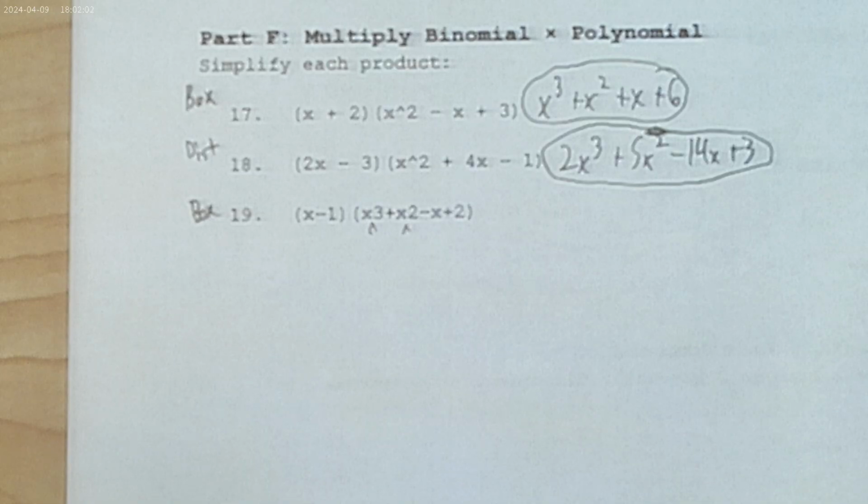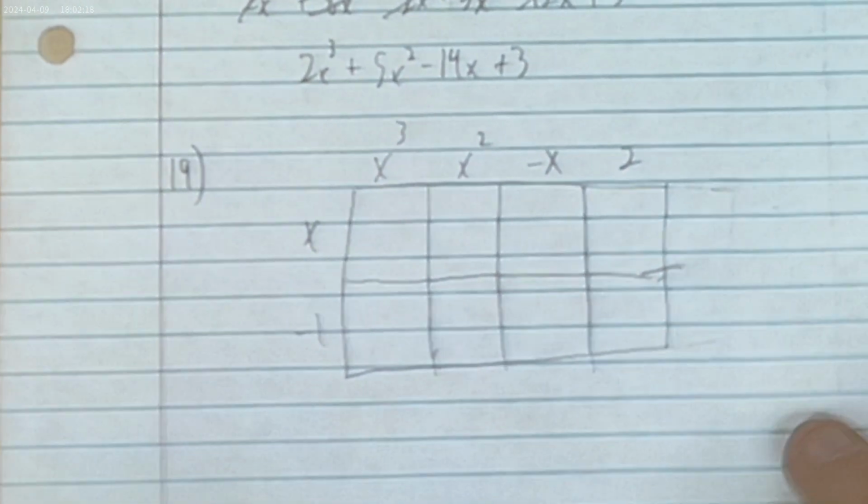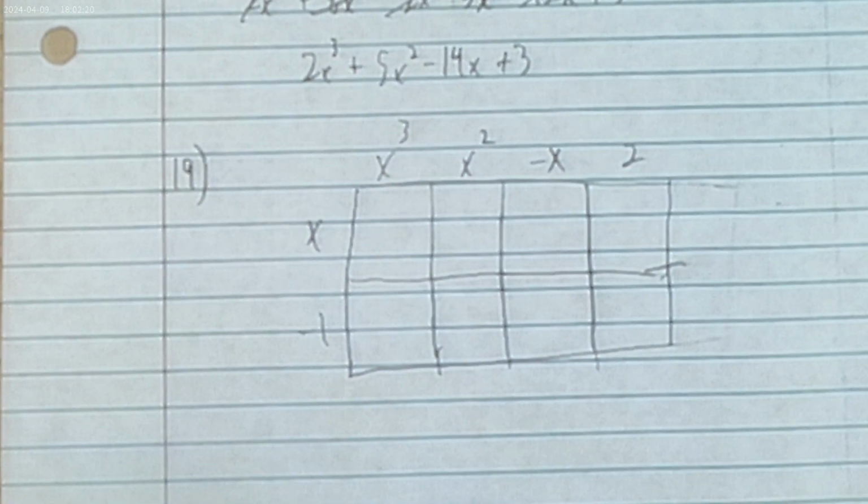What are you, crazy? All right, so x minus 1, and then that gives me x to the third, x squared, negative x, 2. All right, so swap those out. Like I said, I went ahead and just created the box and put it right down there.